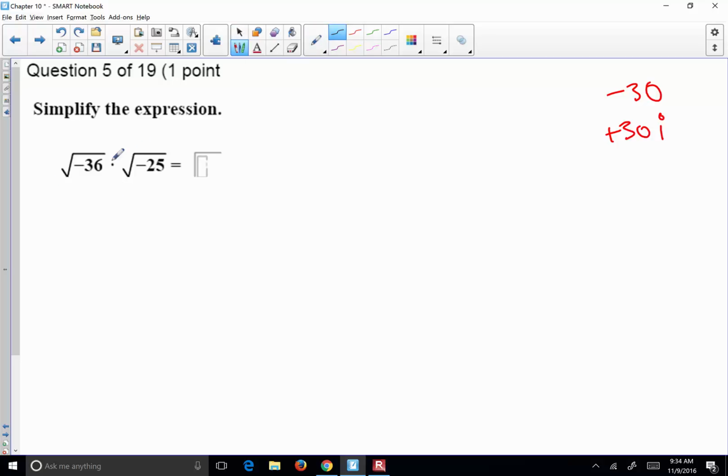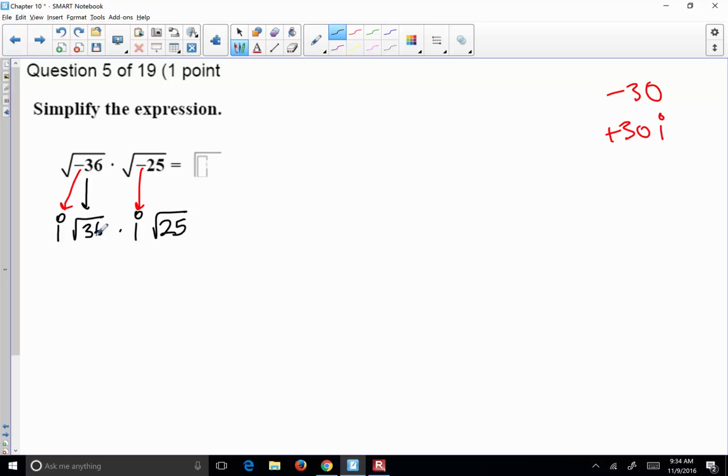First, we need to fix these minuses. So the first one turns into i root 36. The second one turns into i root 25. I'm calling the minuses out. Okay? And then I see big fat numbers inside.